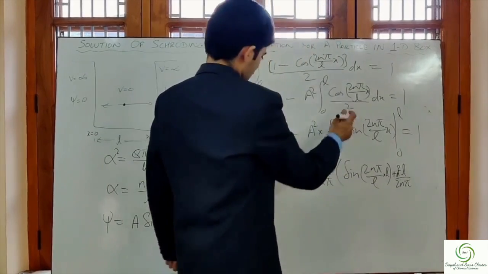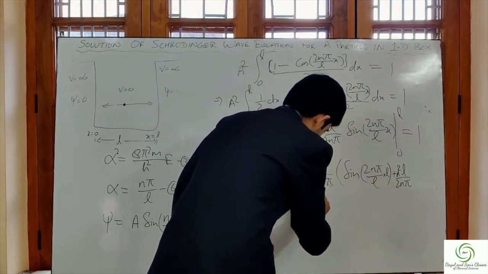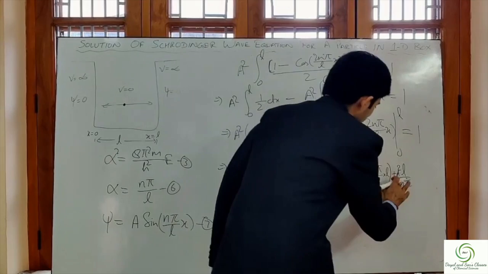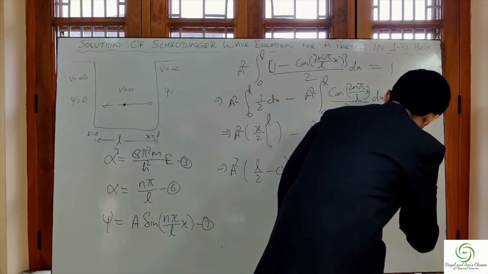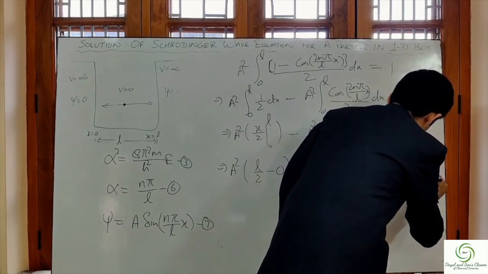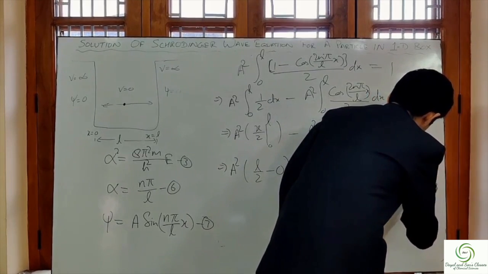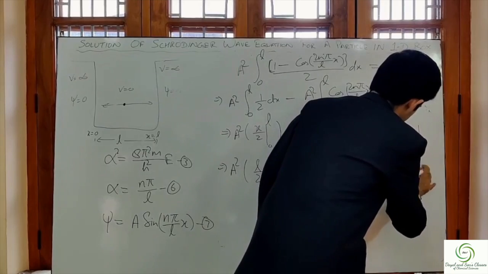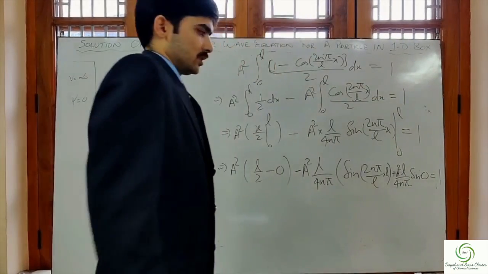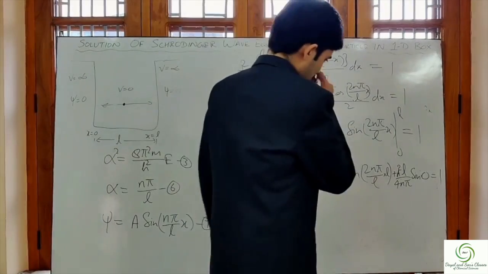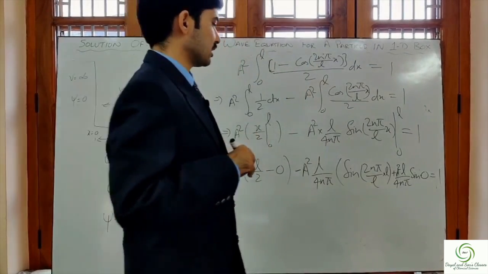We have 1 by 2 here also, so it will be 4. And sine 0, this all is equal to 1.